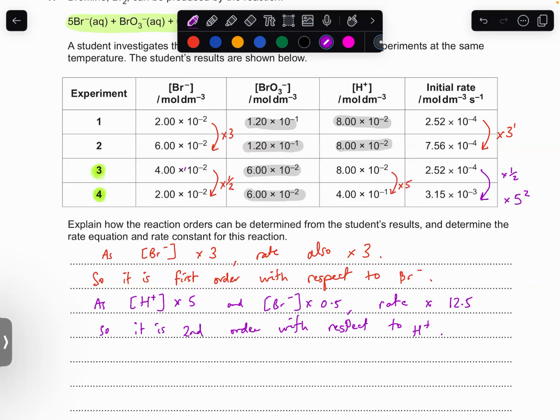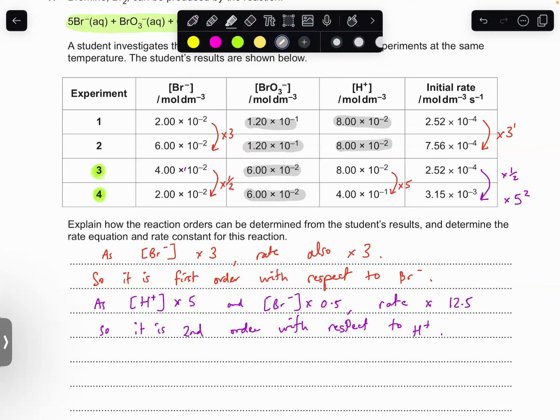And for BrO3 minus, to determine the order of reaction, I'm thinking we will use experiments... Something peculiar is going on here.